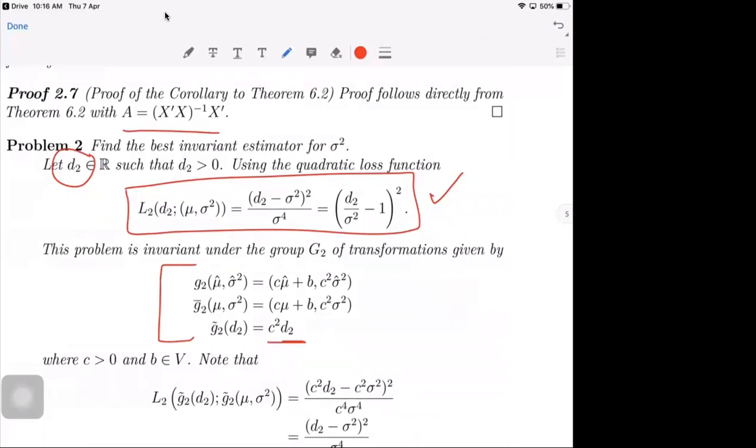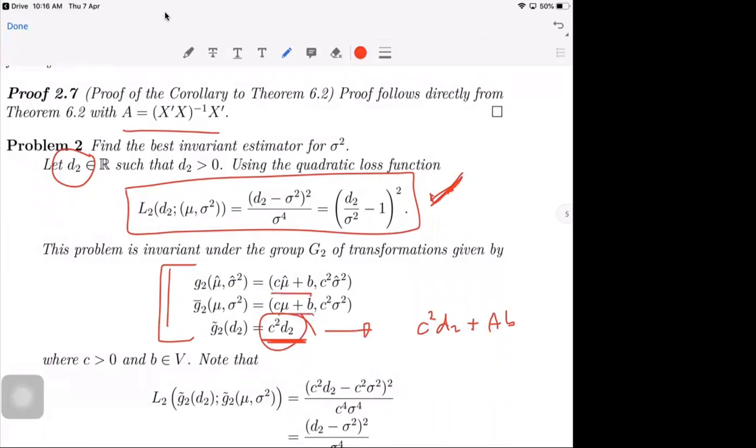So the transformation on your parameter here, earlier it was CAD plus AB, no? If you use this loss function, the transformation will now be C squared D2.